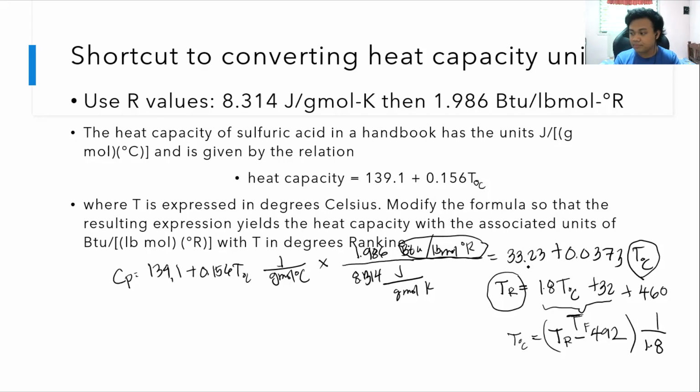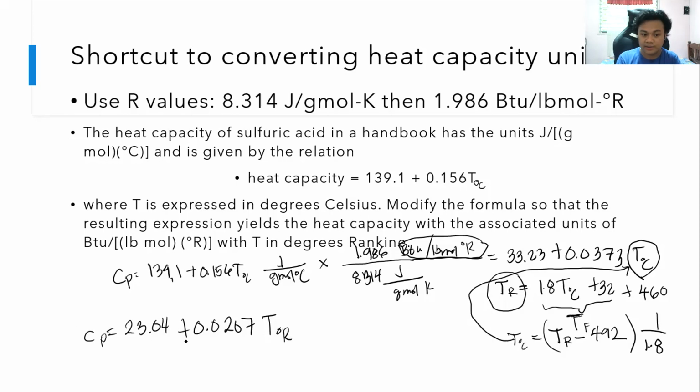Then substitute this there, and you will get the final expression to be 23.04 plus 0.027 T, which has the units of BTU per pound mole per degree Rankine. Okay, so that's it.